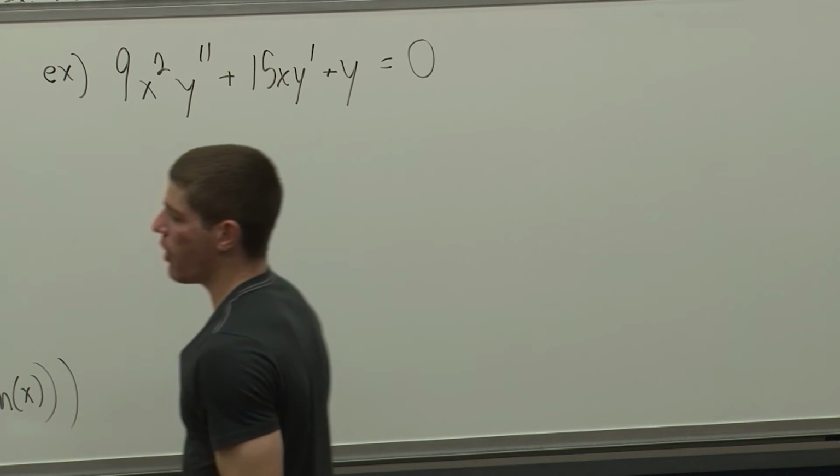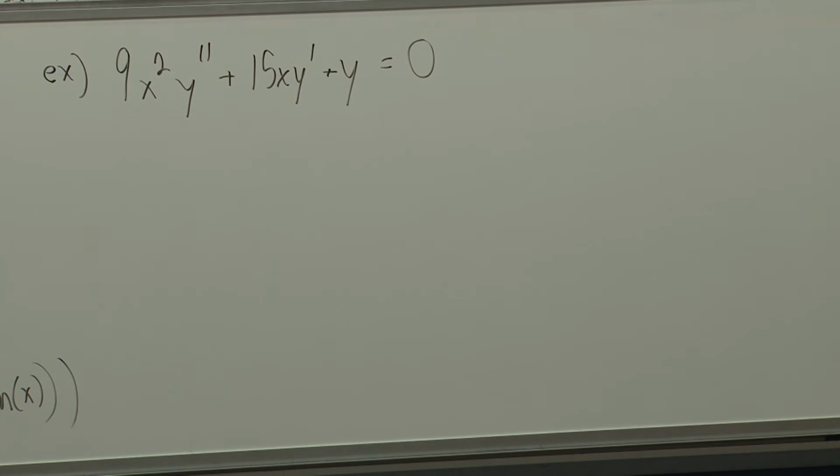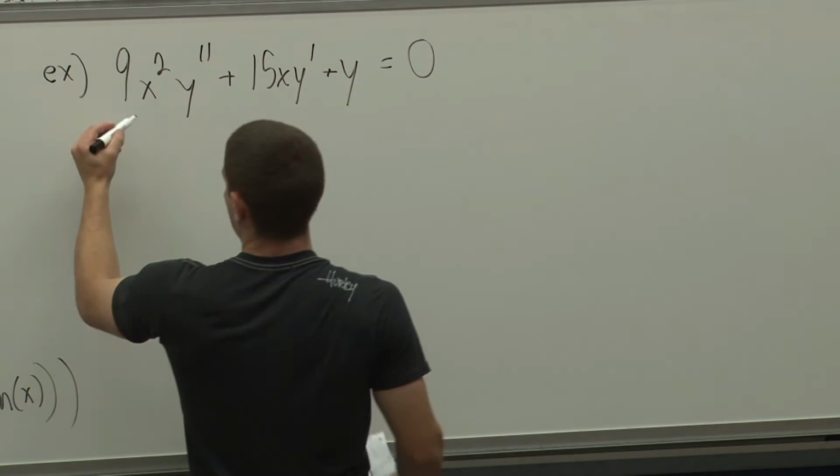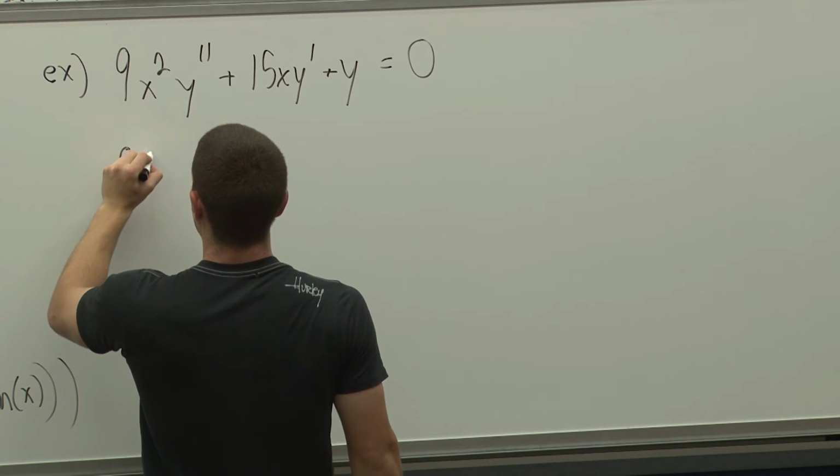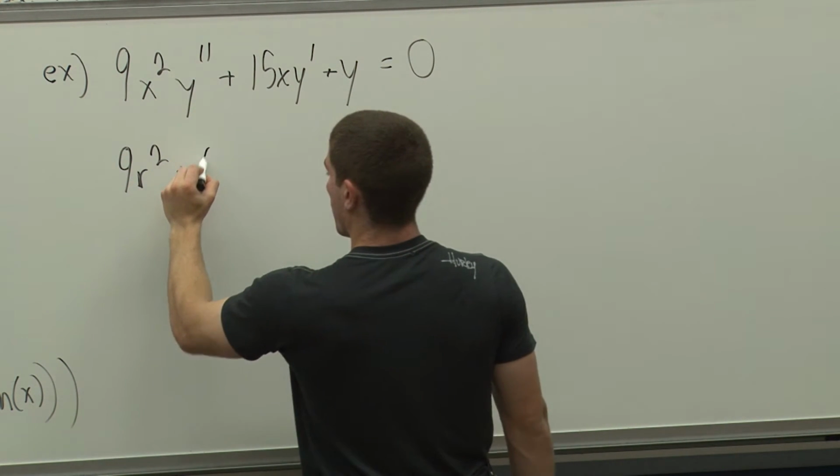First thing is to find the r's, find what r equals using this modified equation. So this is going to be 9r squared plus, now we're going to have b minus a.